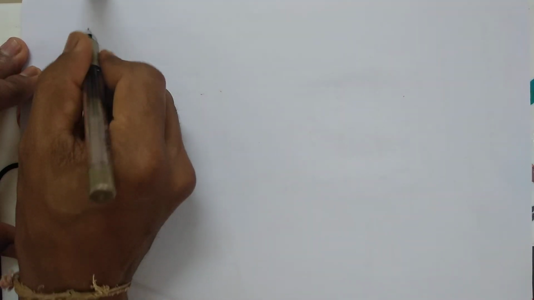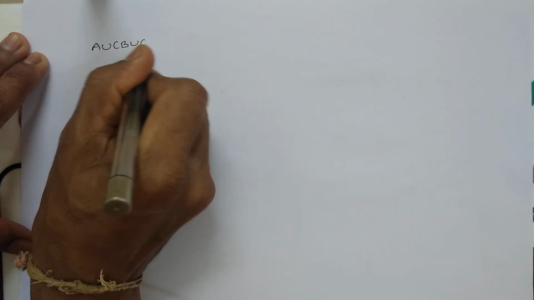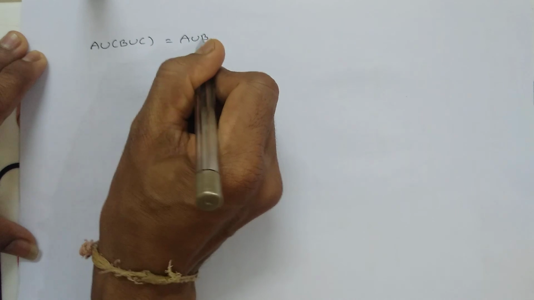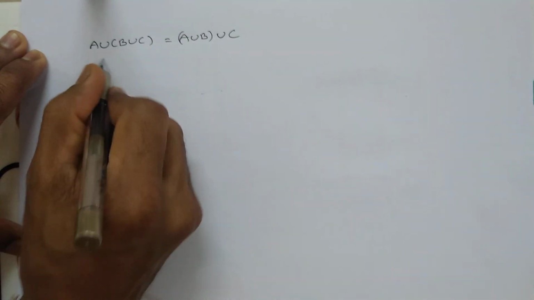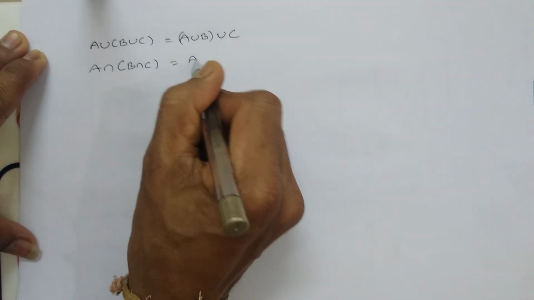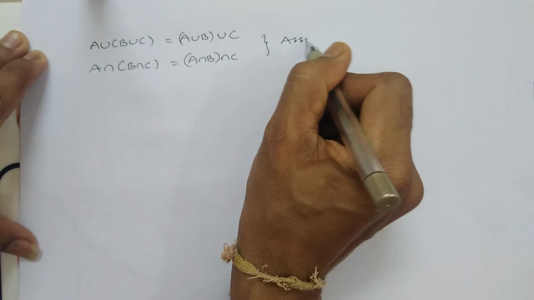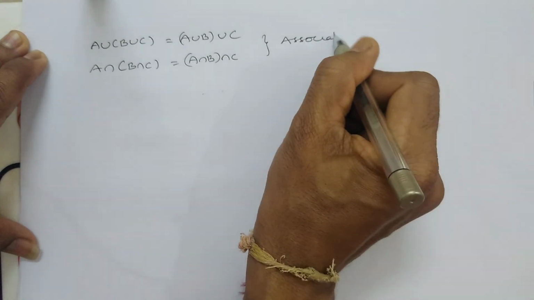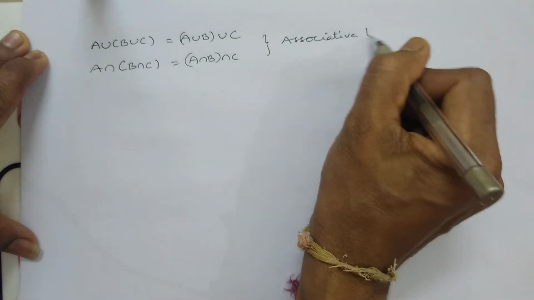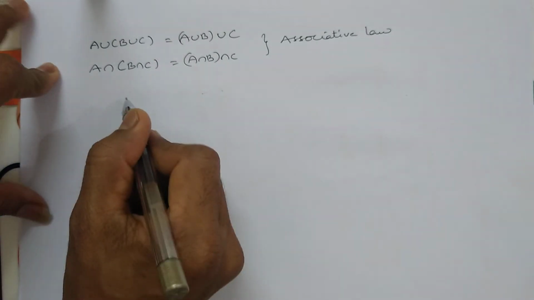First, associative property: A union (B union C) is equal to (A union B) union C. A intersection (B intersection C) is equal to (A intersection B) intersection C. Associative law.